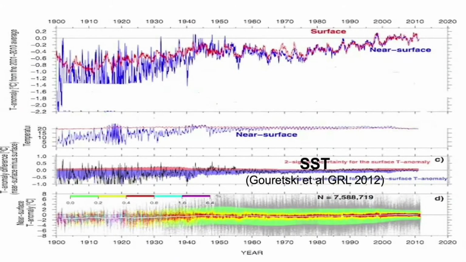This is sea surface data, just published in Geophysical Research Letters from Viktor Gouretski in Hamburg and John Kennedy at the Hadley Center. The two of them collaborated, and again these are measurements of SST, that is, of sea surface temperature, of the water.